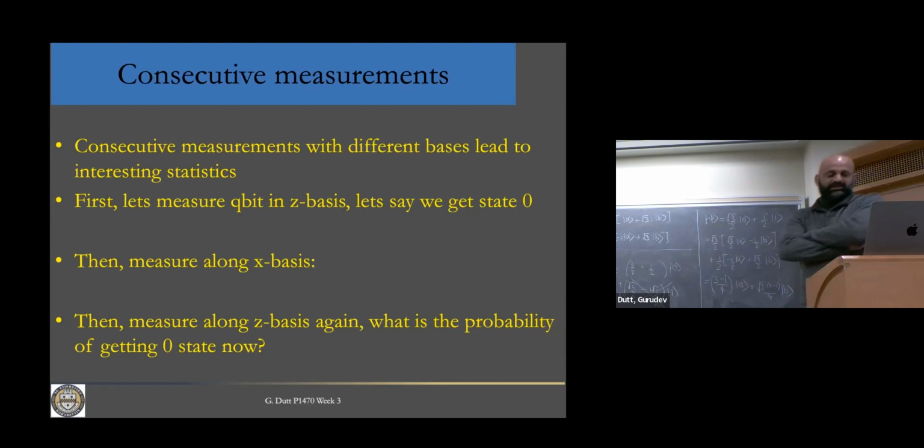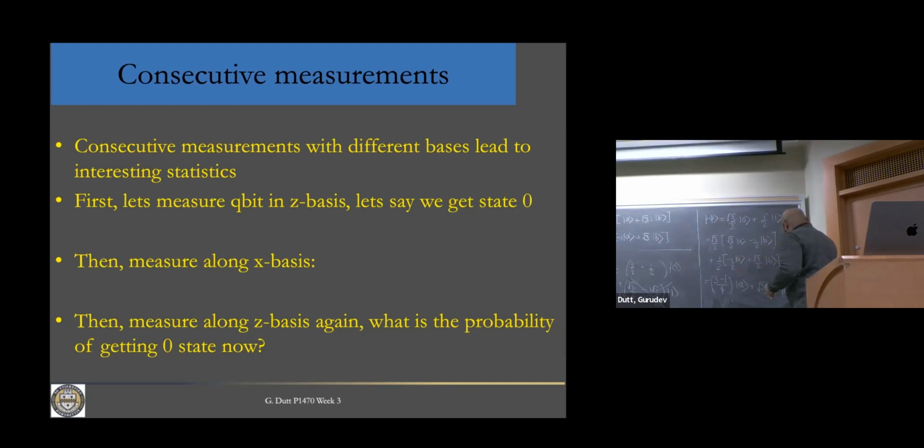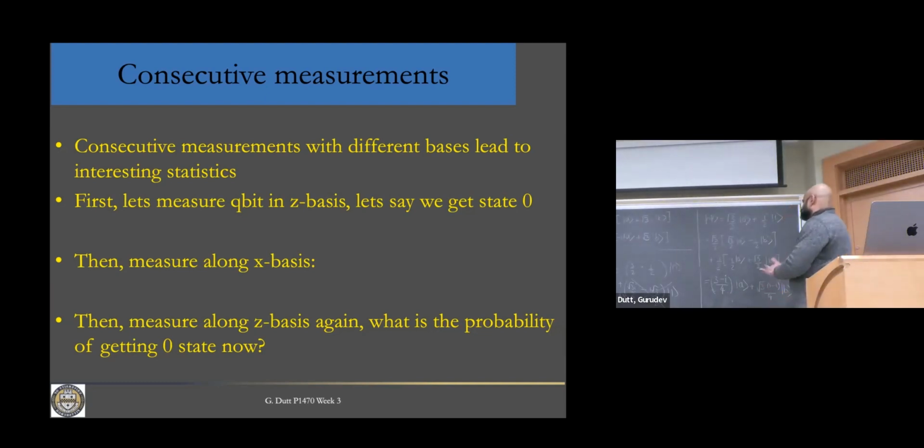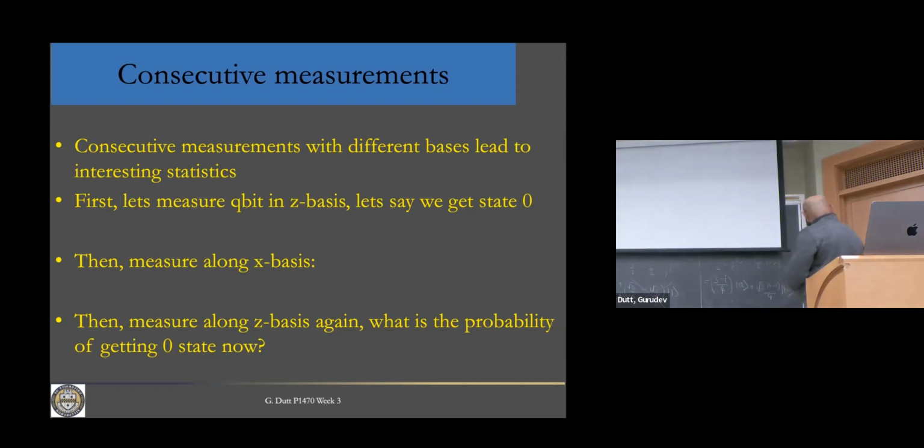In the last 5 minutes, I want you to consider this interesting puzzle about consecutive measurements. Definitely was right, unless I made a mistake in writing down the amplitudes this time.